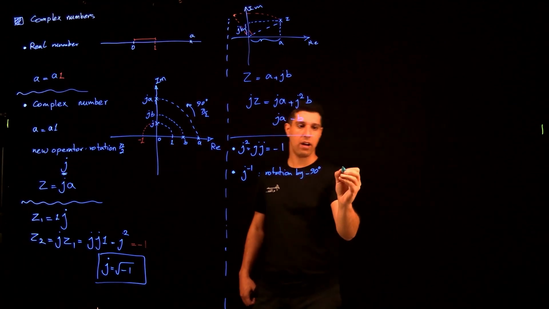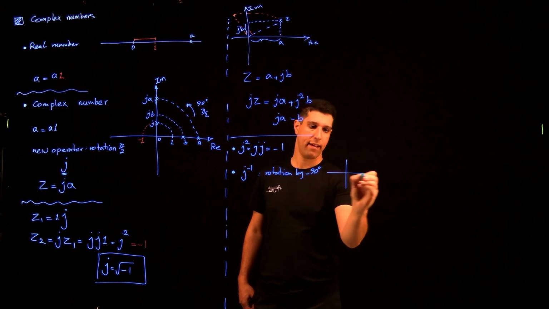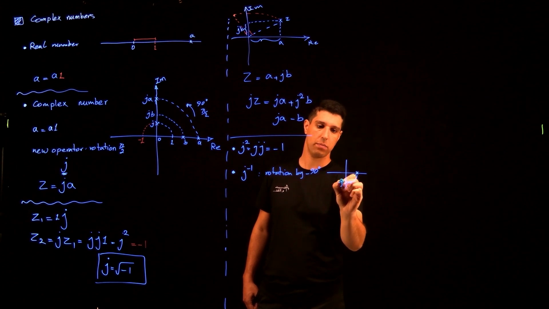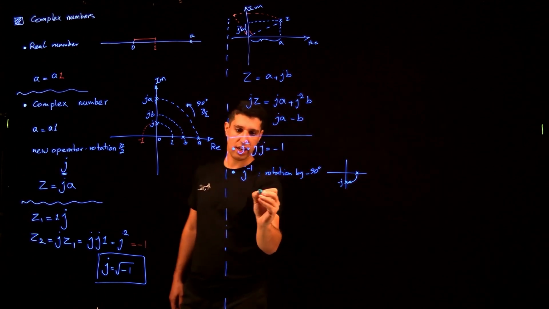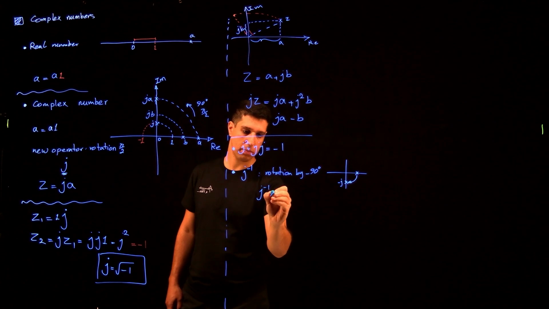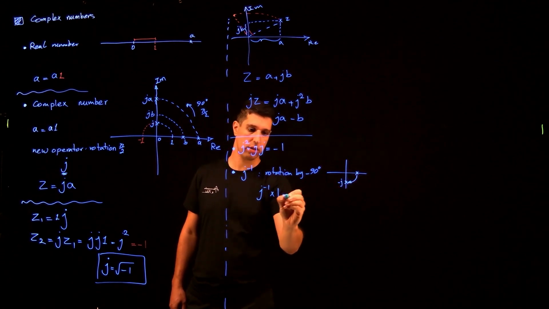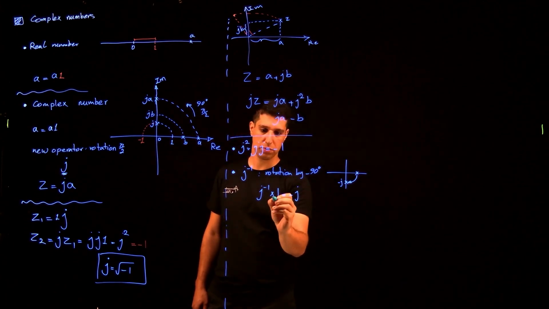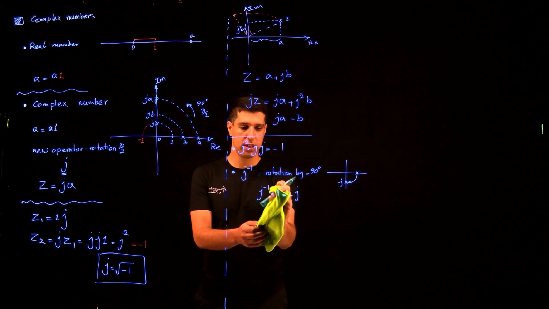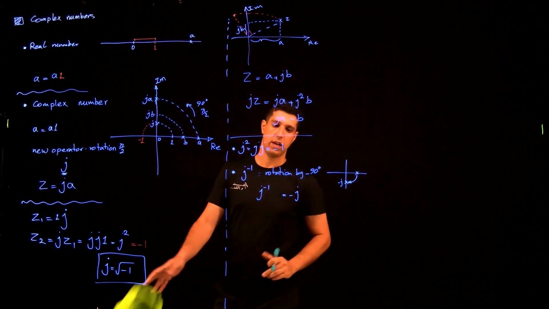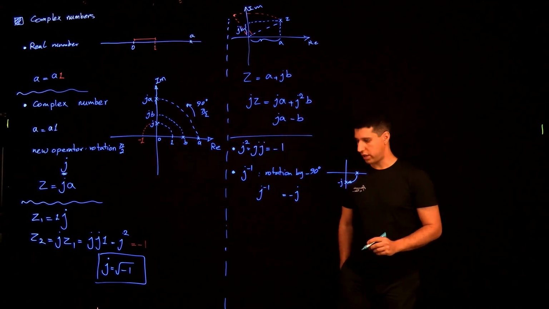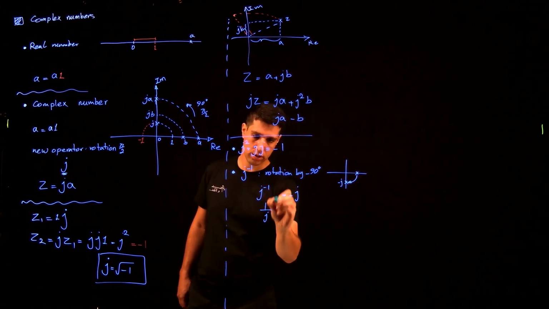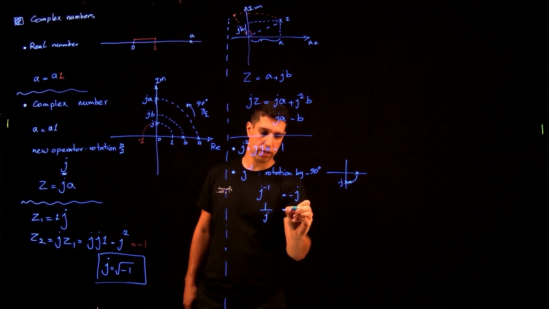So if you have number 1 and rotate it by minus 90 degrees, you arrive at minus J. So J inverse multiplied by 1, this rotation, equals minus J. So J inverse is minus J, or 1 over J equals minus J.